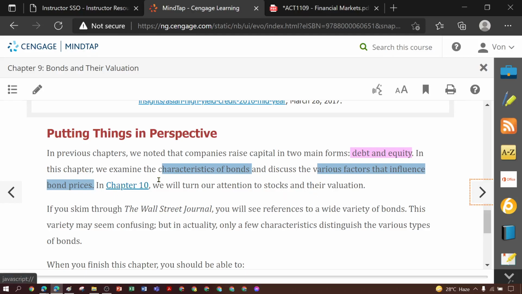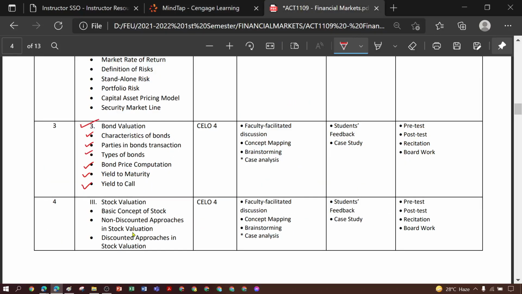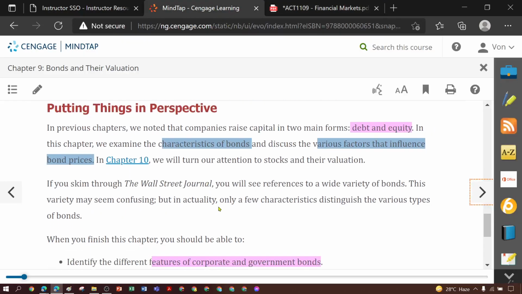In this chapter, we examine the characteristics of bonds and discuss the various factors that influence bond prices. In chapter 10, we will turn our attention to stocks and their valuation. So, yun yung next natin na topic, no? Stock valuation. Sa chapter 10 naman natin yun aaralin.